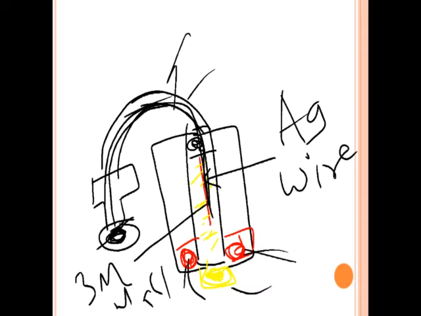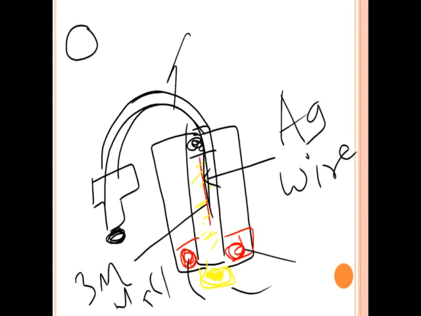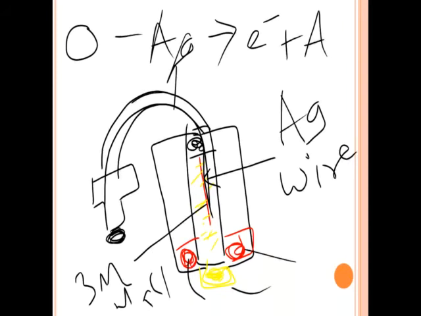This reference electrode can be used for the redox type of reaction, so it can undergo oxidation reaction as well as reduction reaction. When oxidation reaction takes place, the releasing of electron takes place. In case of oxidation reaction, the Ag metal releases one electron, and it is converted into Ag plus.